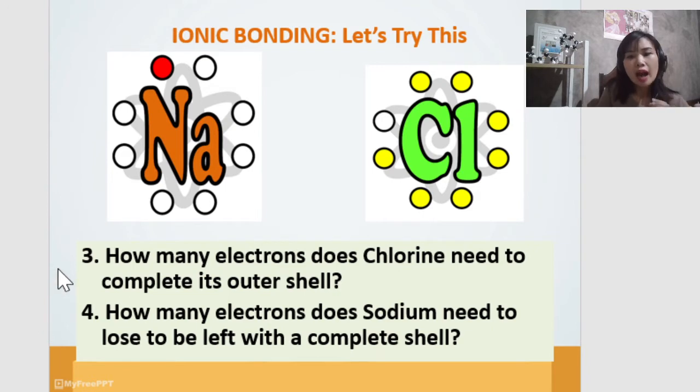Next, how many electrons does chlorine need to complete its outer shell? Look at the dots, the Lewis dot symbol; how many are needed to complete it? What is complete? 8 electrons. While sodium, how many electrons does sodium need to lose to be left with a complete shell? Ready? 5 seconds, go.